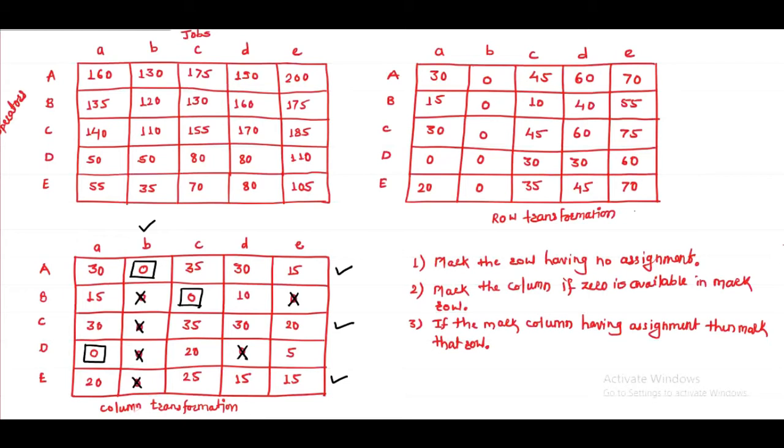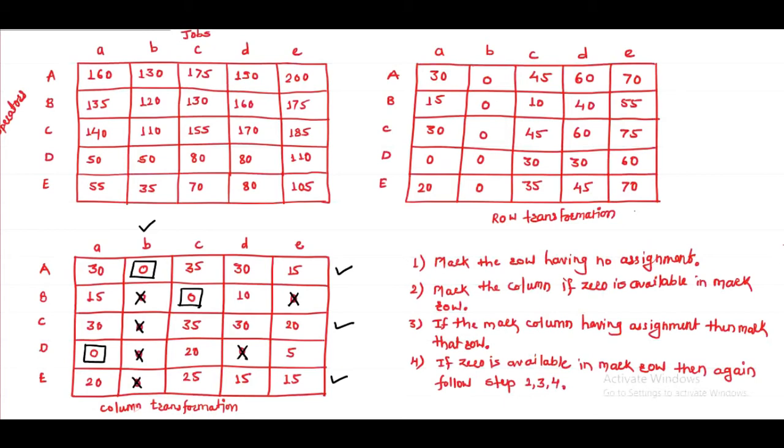After this, the next step is if 0 is available in a marked row, then again follow steps 2, 3, 4.